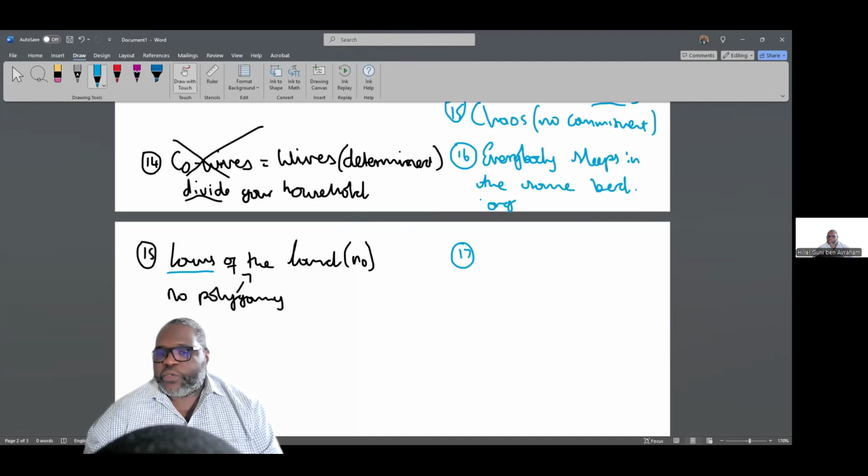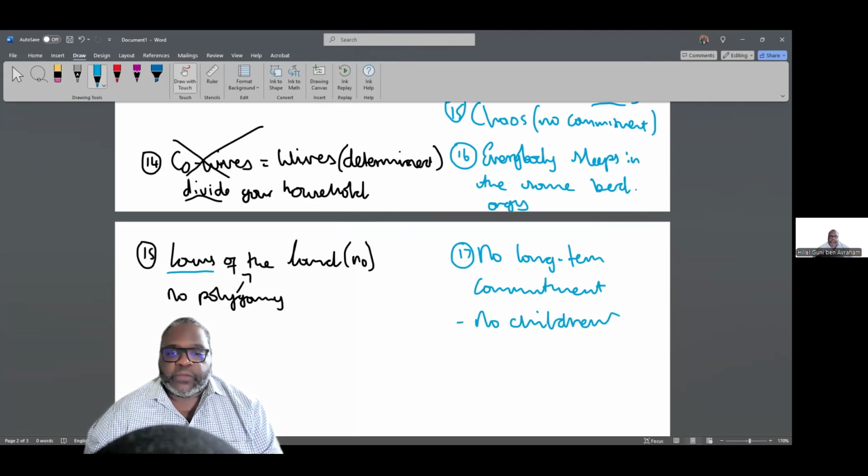The word I didn't want to use, but that's what it is. And obviously, there is no long-term commitment, and usually there's no children, and there's no children because this is about pleasure. It's not about creating generations or nations, right? So it is very, very unbiblical compared to polygamy.